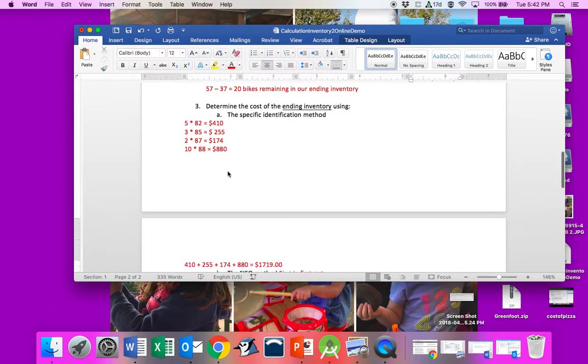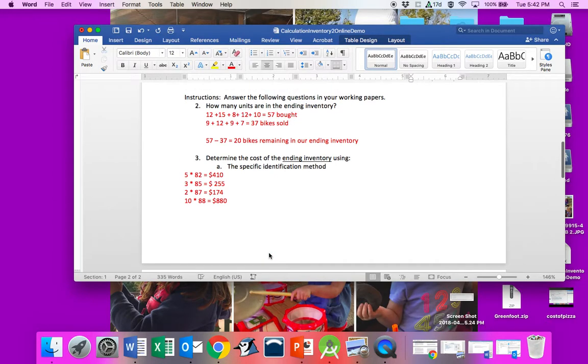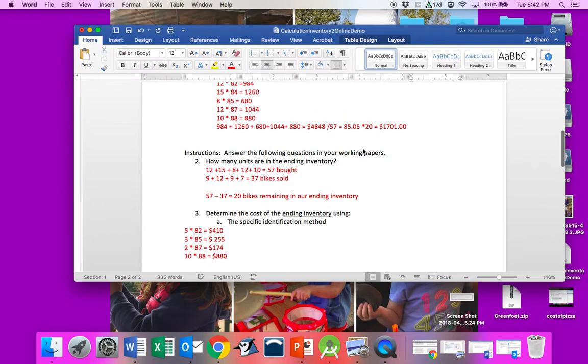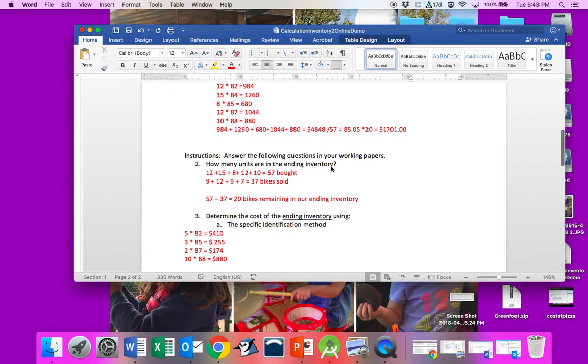We figured out in specific that we have for ending inventory 1,719, right? And we're going to use the number that we determined in the weighted inventory, that 4848, because that's the total cost of all of our inventory. If we look at every bike that we had at beginning inventory and every bike that we bought, and we multiply it by the cost we bought it at, it cost us 4848.